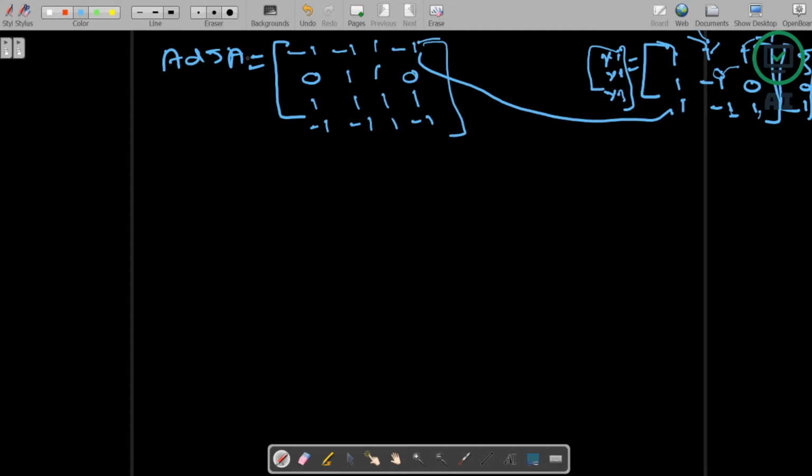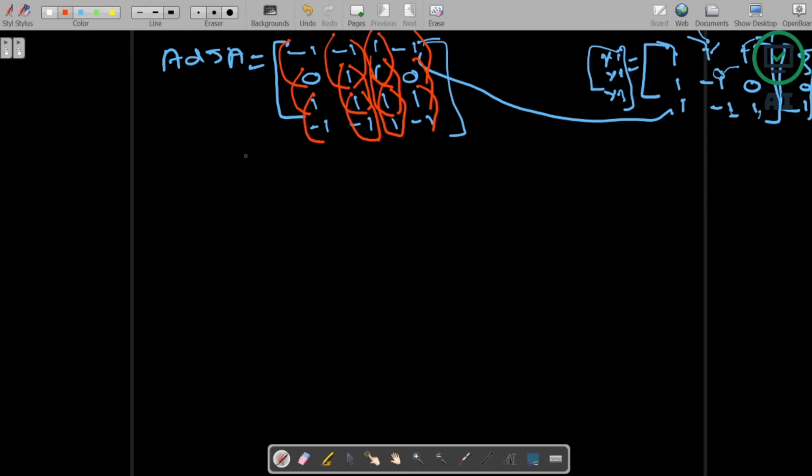Got it. Now what we have to do is take the determinant of this one, then this, then this one. Similarly this also, then this, then this. Then again you take the determinant of this, this, and then this.